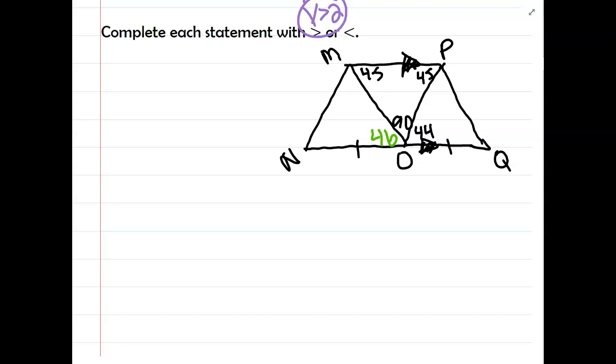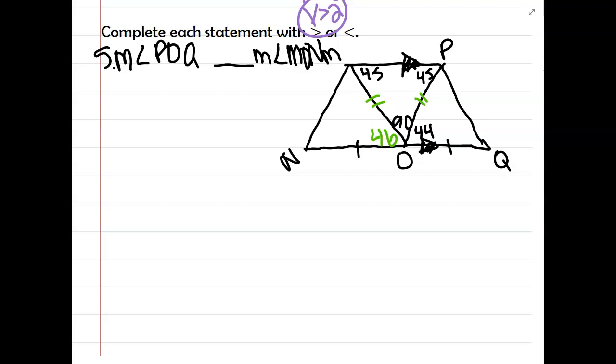What could you know about that middle triangle? If these 2 angles are 45, it's an isosceles triangle, which means those 2 sides are congruent. Okay, so let's use that information. Let's say the measure of angle POQ, I want to compare that to the measure of angle MON.